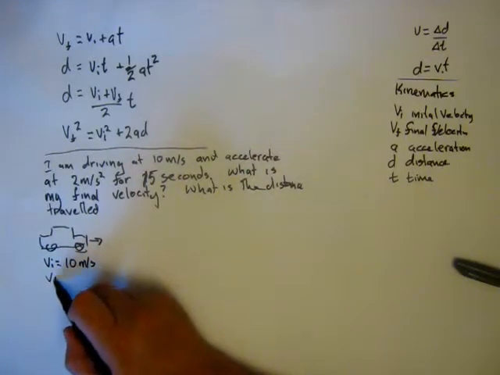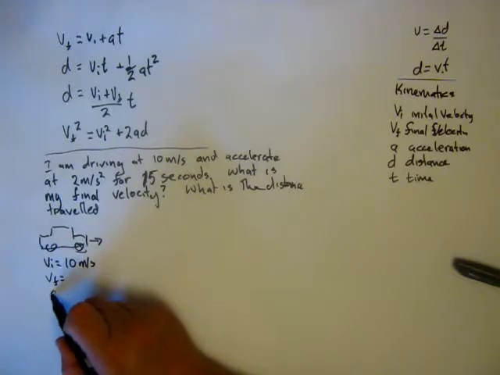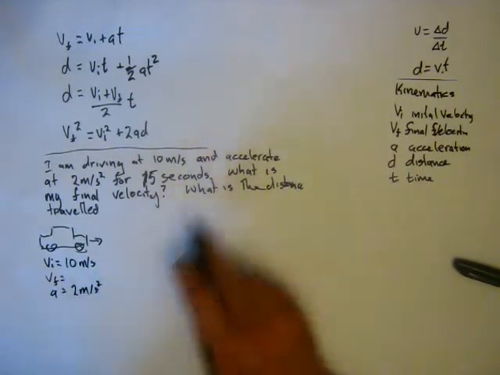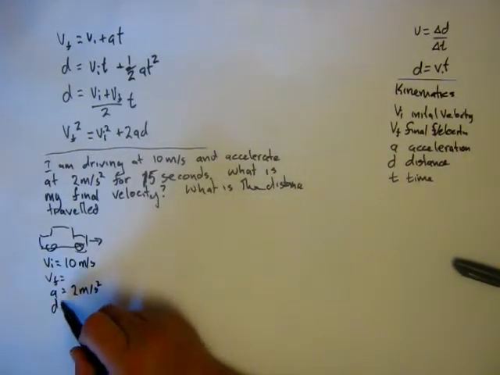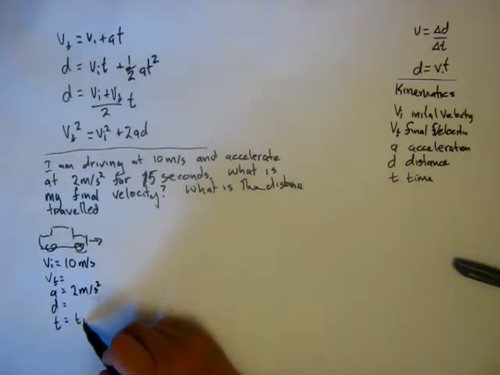I do not know my final velocity. What else have we got? We've got acceleration equals 2 meters per second squared. Okay, so I'm speeding up. I don't know my distance. That's one thing I have to find out. But I do know my time, which is equal to 15 seconds.